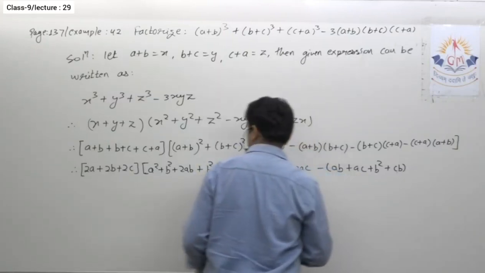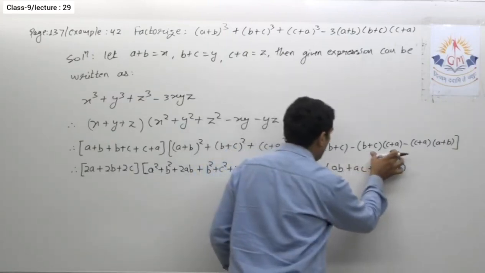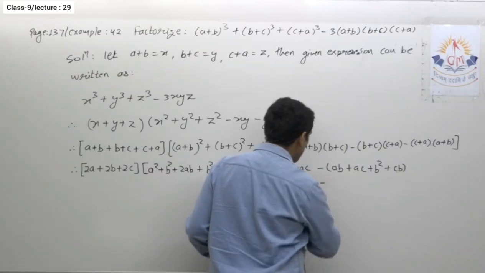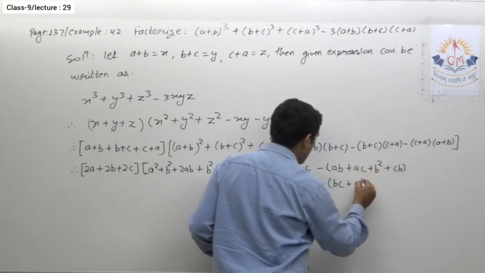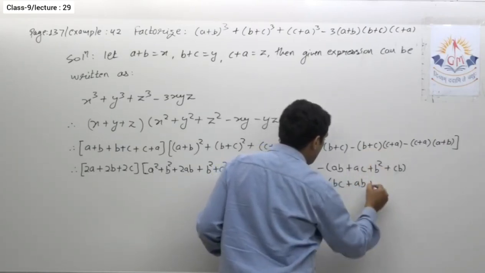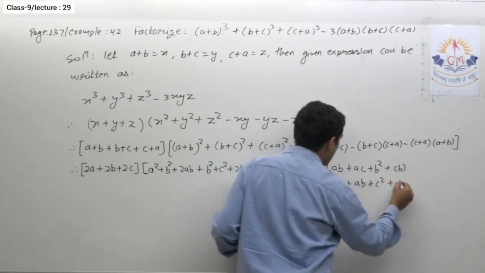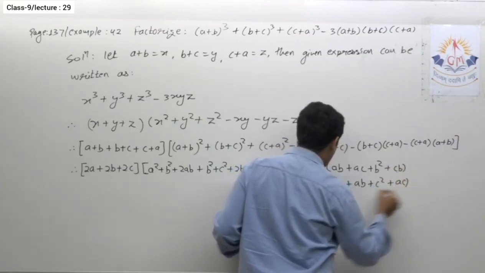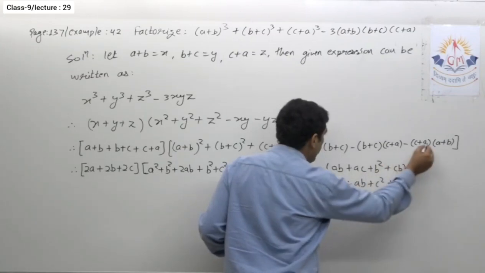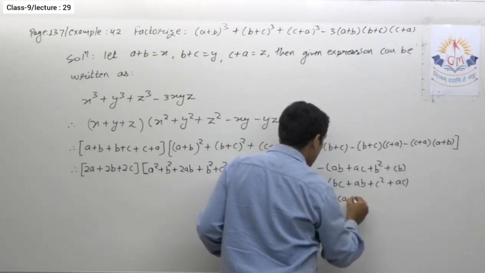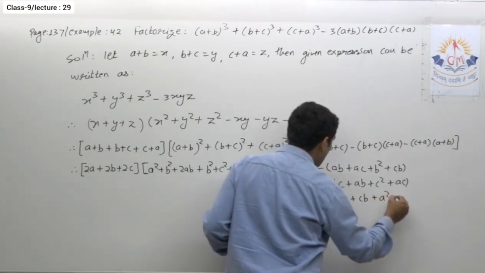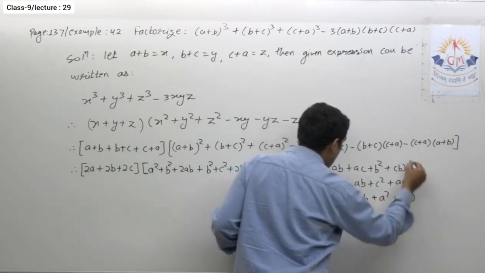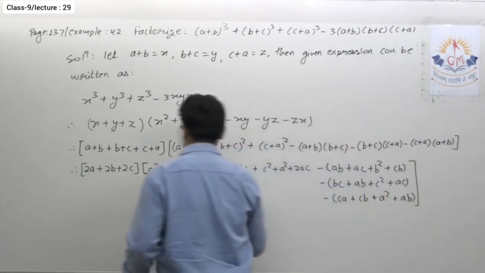Okay, then now when I multiply these two, I am writing over here minus of b into c, bc, b into a, ab, c into c, c square, c into a, ac, minus of, now over here c into a, ca plus c into b, cb plus a into a, a square plus a into b, ab. So this is my next term actually.